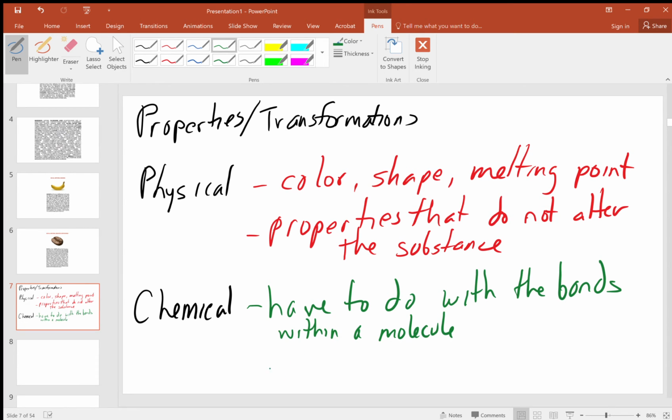So this could be things like rusting, combustion, acid-base reactions. Anything that physically changes the actual bonds within the molecule would be considered a chemical transformation. And any properties that arise from that we would consider to be a chemical change.